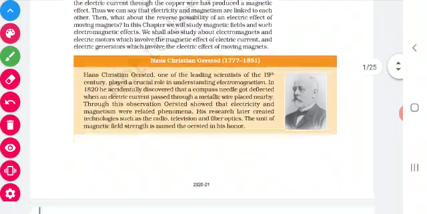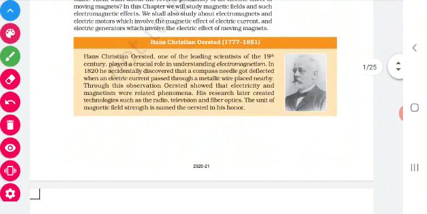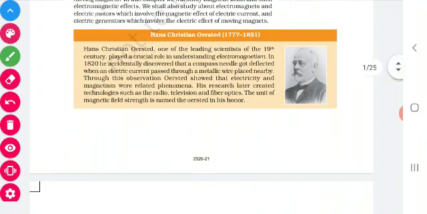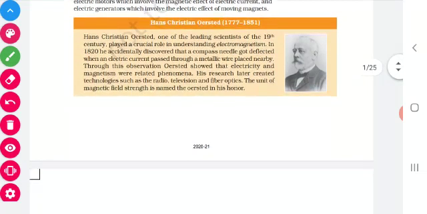Some information about Hans Christian Oersted is given. He is a scientist who played a crucial role in electromagnetism. What is meant by electromagnet? We have seen this in 7th standard. An electromagnet means that when current is passed through an iron strip, some magnetic effect is induced and it behaves like a magnet.